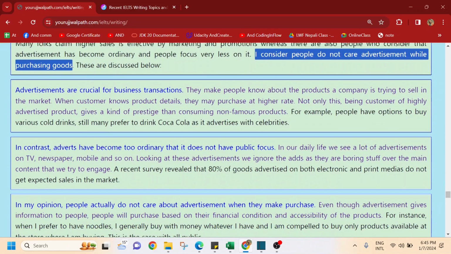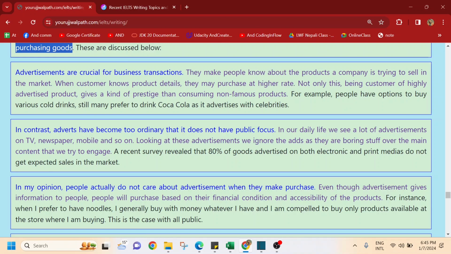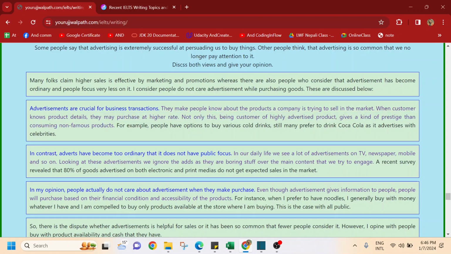And in your body paragraph, the first side of the views you're presenting, you're explaining, and then giving the example. Next, you're going with the second view, explaining, convincing, and giving the example. Sometimes you can also present a recent survey to exemplify your point. This is also very helpful.